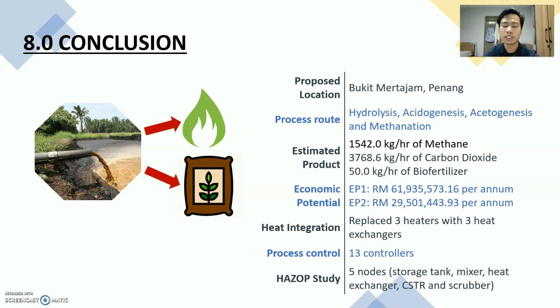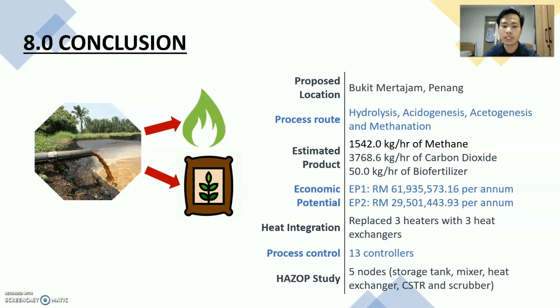Based on mass balance calculation, we obtain high production of methane and carbon dioxide, which mainly indicates our high production efficiency. Based on our economic potential, we obtain a total of 61 million ringgit per year. However, taking into consideration utilities cost, we obtain a total of 29 million ringgit per year, which indicates our process design obtains a high profit value per year.